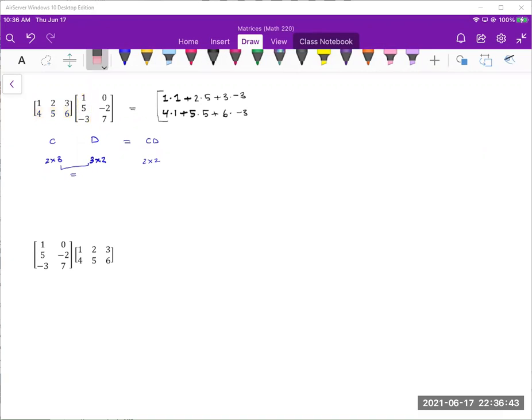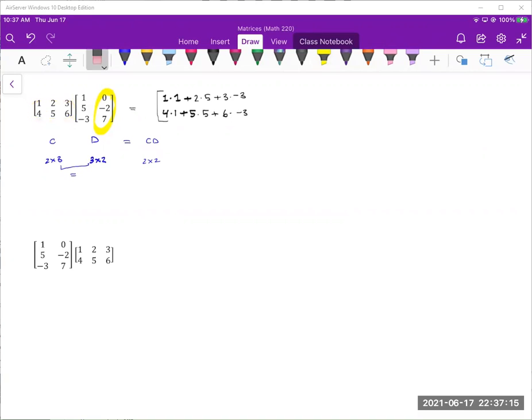Our second column we get by taking the matrix vector product of the matrix on the left, C, by the second column. So to produce the second column, we're doing a matrix product with the second column. So the column we use is going to come from the matrix on the right, and we're going to be doing these computations with the rows of the matrix on the left.